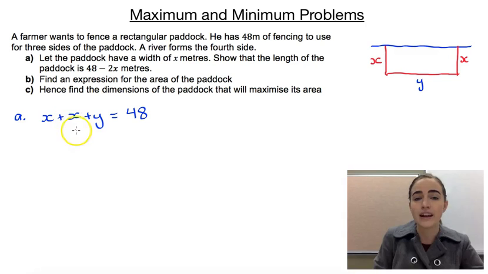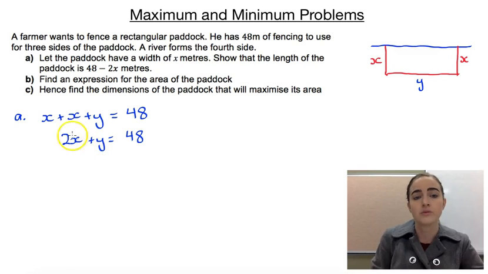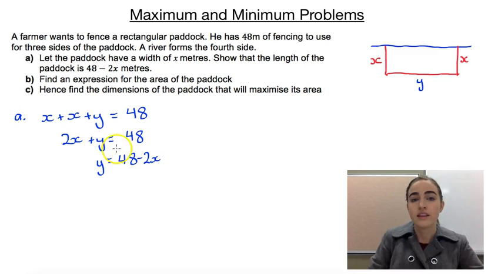Now if we simplify that, the x plus x is just 2x, so we've got 2x plus y is equal to 48. To figure out the length of our paddock, we're going to get that y on its own, which means we're going to subtract 2x from both sides. So the length of that paddock is 48 minus 2x. Okay, so that's part A.